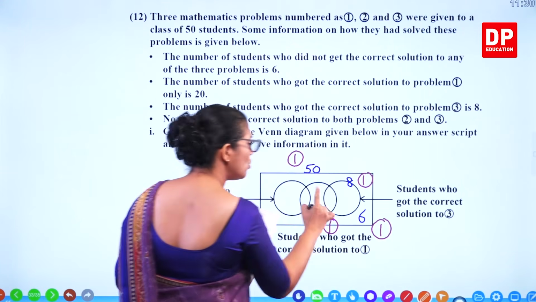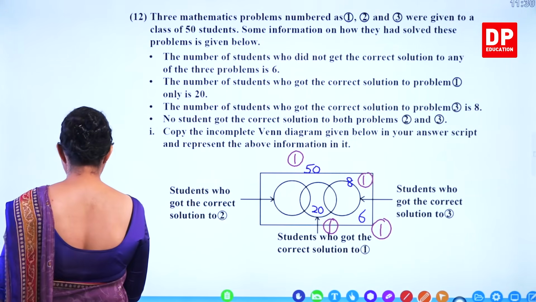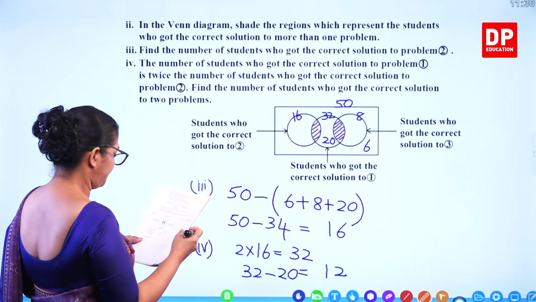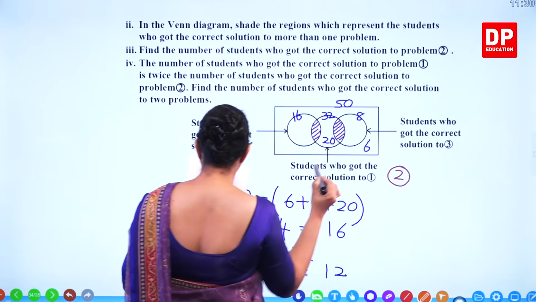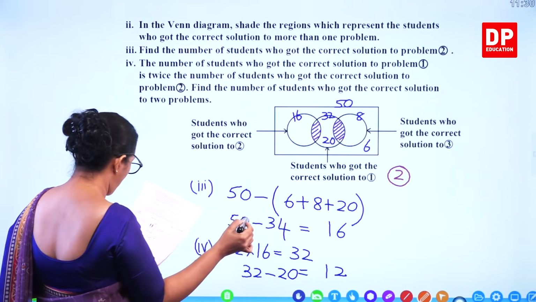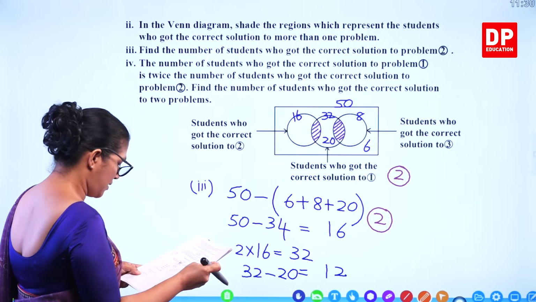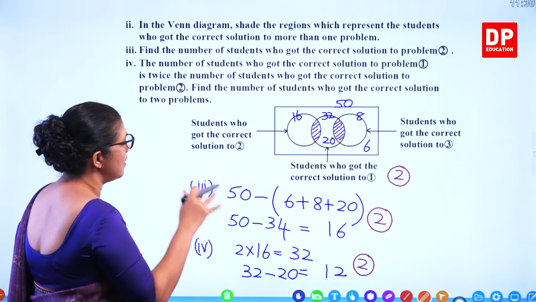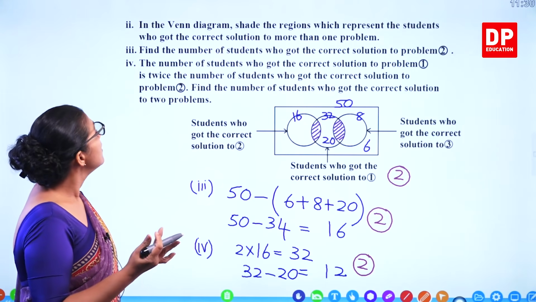So 4 marks to show all the correct values in the correct region. And then shading, 2 marks. These 2 parts shading, 2 marks. And getting 16. For part 3, that's 2 marks. And getting 12, that's 2 marks. So altogether, this 6 and previous 4 marks, 10 marks for the last question.